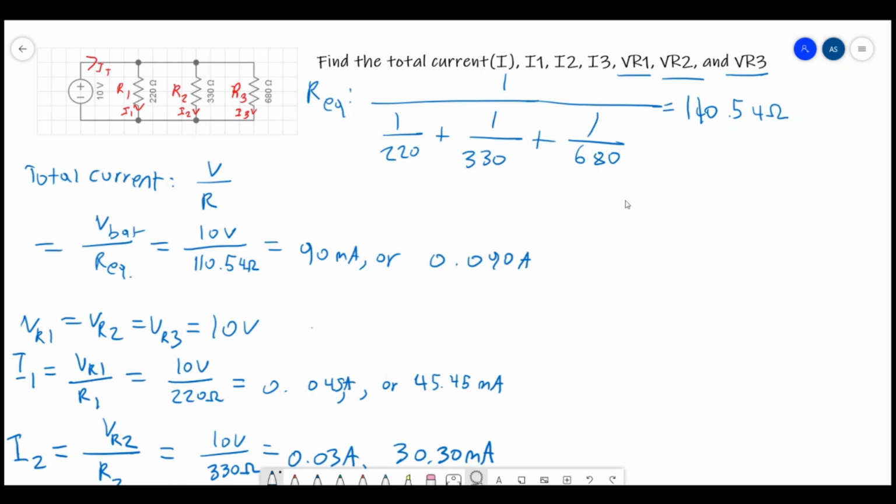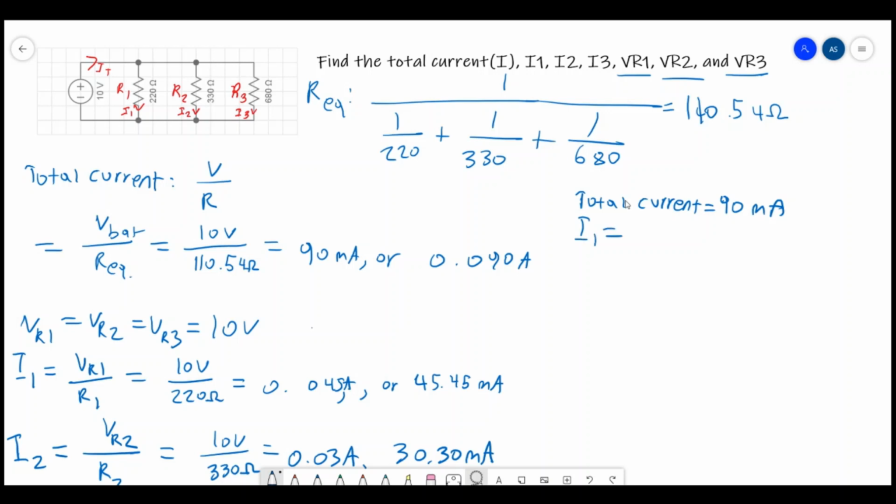Okay, so let me rewrite the answers here. The total current is 90 milliamps.